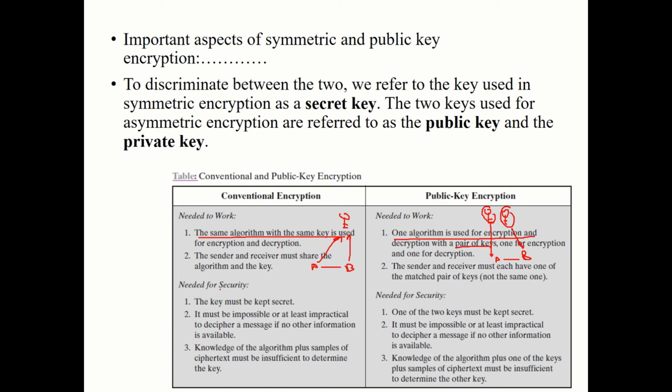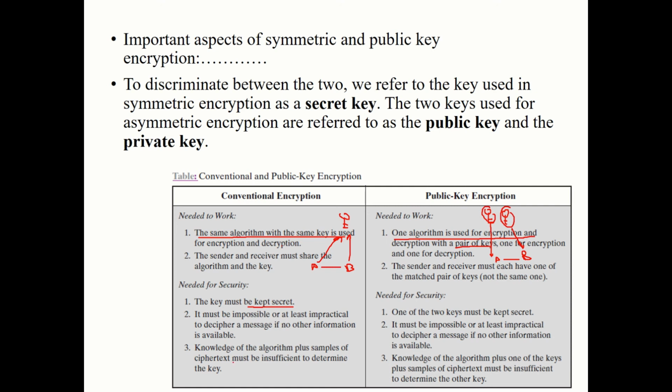Now, for security in the conventional or symmetric encryption, we have to keep the key secret. And also the message should be encrypted without any additional information. Also, knowledge of the algorithm plus sample ciphertext must be insufficient to determine the key. So if you have knowledge of the algorithm or you have some text, it should be okay, because you cannot infer the key from that.